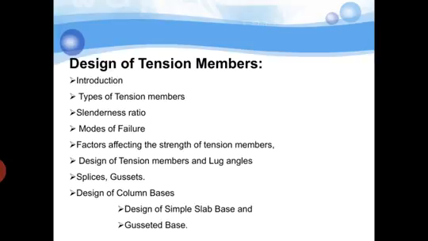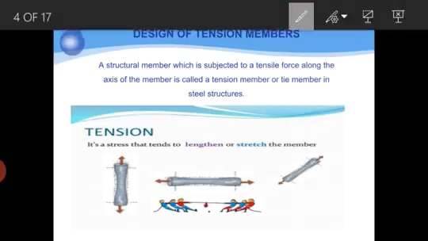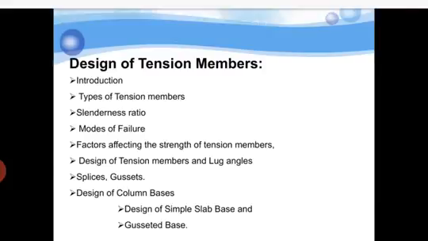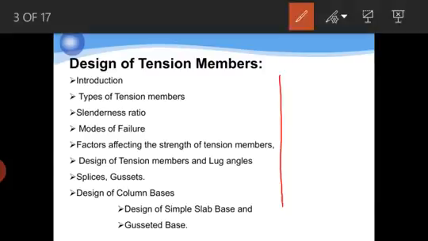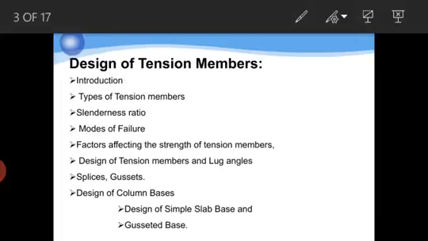In column bases, again the design of simple slab base and gusseted base. These are the contents you will be studying in this module. As per the VTU syllabus, these are the contents given.